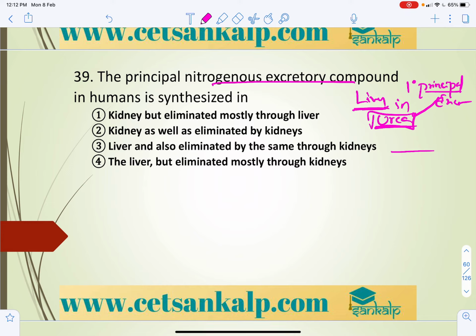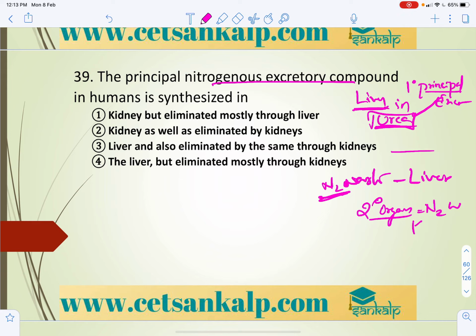The primary principal organ which synthesizes the nitrogenous waste is the liver. Only a little will be produced in the kidney.